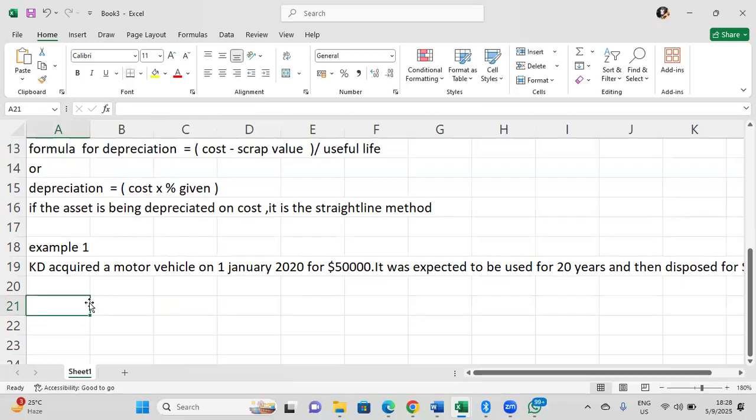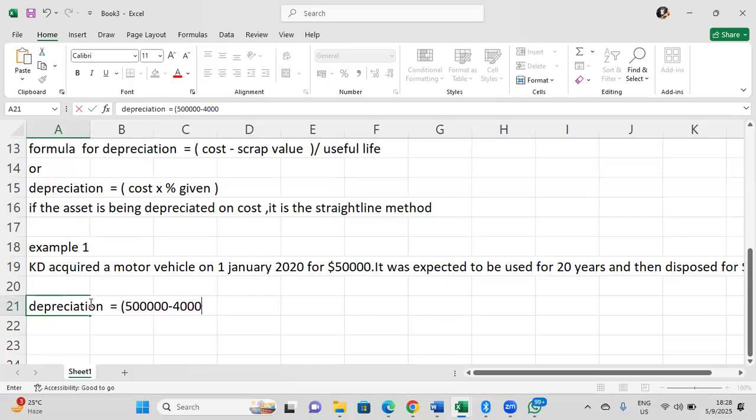So for our depreciation, we are using the first formula, since there is no percentage given on cost. The first formula is the cost, which is what we bought the asset at, 50,000, minus the scrap value, the money we expect to sell it for in the end, that's 4,000. So the cost minus the scrap value divided by the useful life.